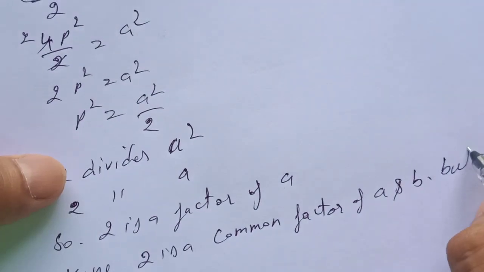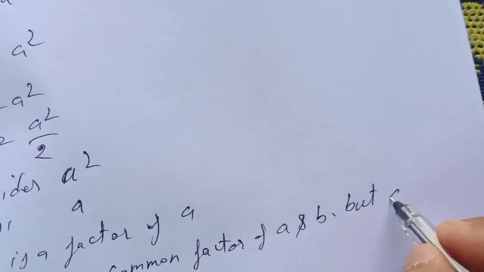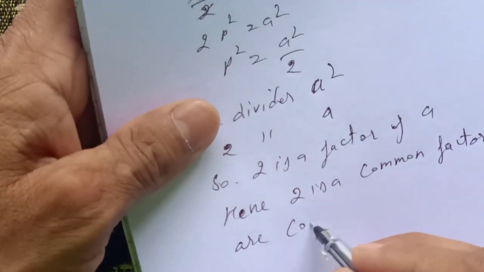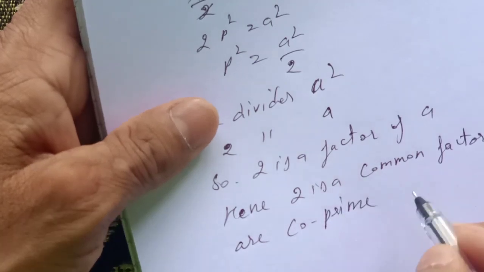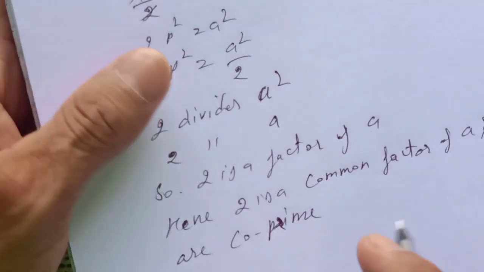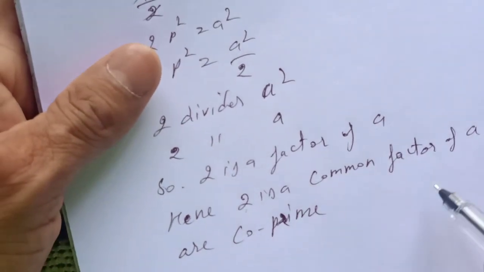But a and b are co-prime, means they have common factor only one, but we find 2 is another common factor between a and b.